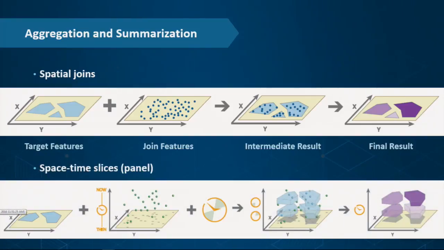You can do space-time slices, or what we refer to as panel data. Here we're taking spatial polygons, and we have a collection of spatiotemporal points you can see in the vertical dimension, with the older things at the bottom and the newer things higher up, the now and then that you see on that vertical axis. Then you can apply temporal filters to control what constitutes a valid time range for creation of this panel data.